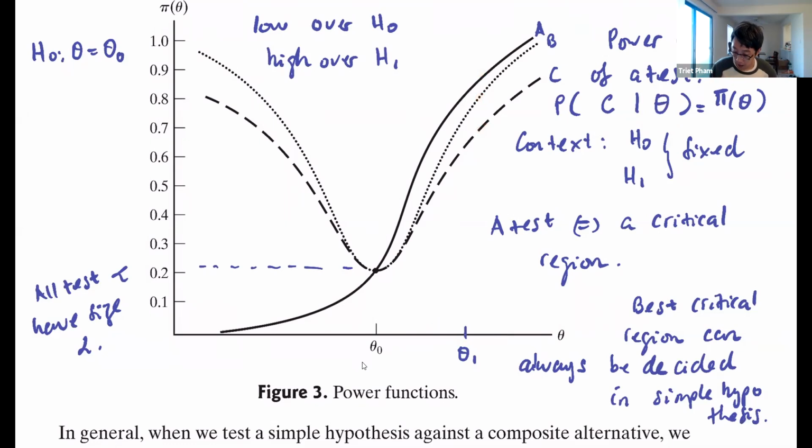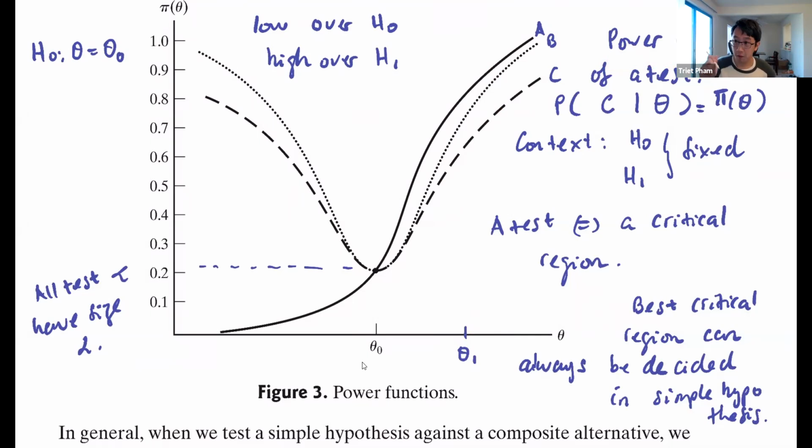Anyway, the conclusion right here will lead us to the Neyman-Pearson lemma. In other words, the Neyman-Pearson lemma will tell you what test is the most powerful test, but the statement of Neyman-Pearson is stated only for simple hypothesis.